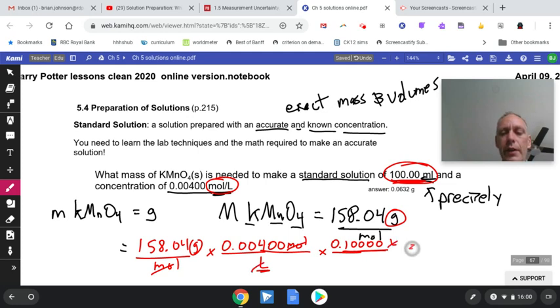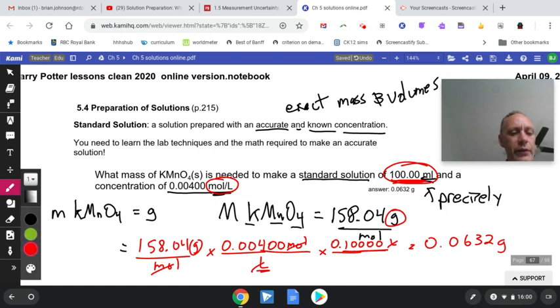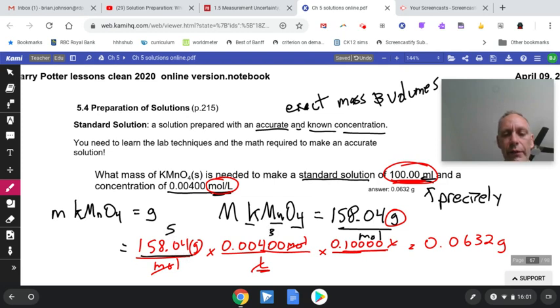Multiply all those together and you get 0.0632 grams. Let's check our sig digs. We've got 5 here, 3 here, and 5 here. We go with the lowest number of sig digs, 3, so that number is correct.